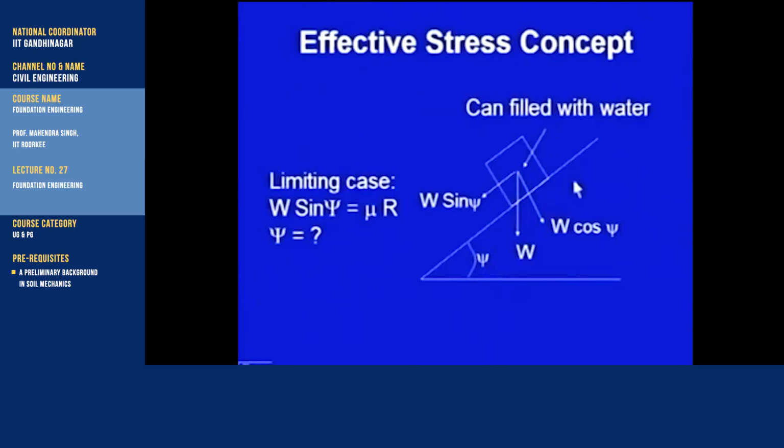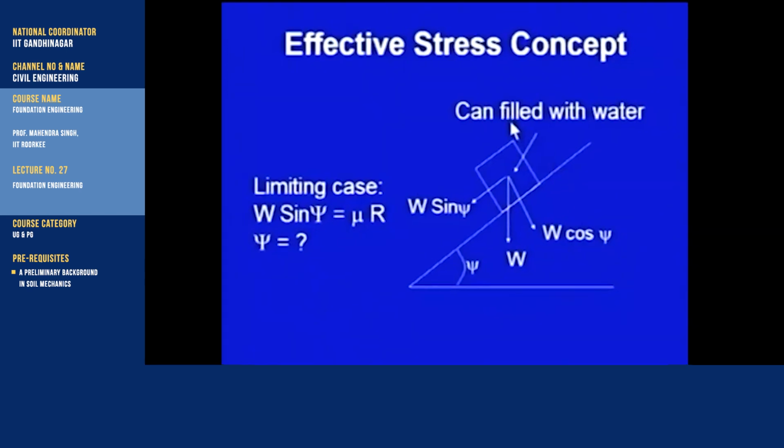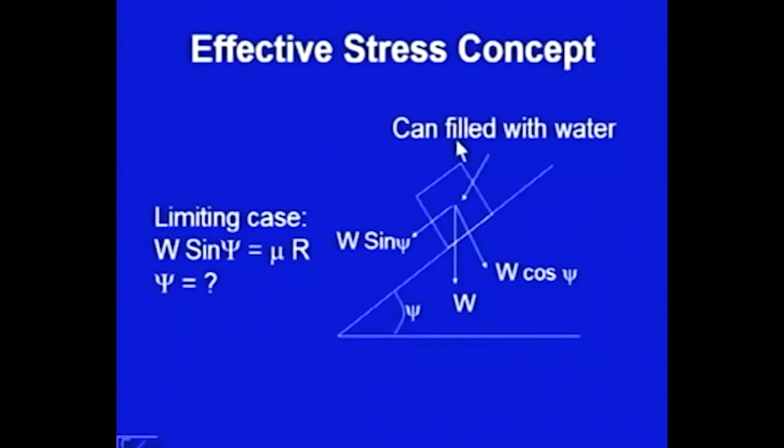Now, we are gradually increasing this psi value, means we are gradually tilting this inclined surface more and more. The question is, can you find the maximum value of psi, or in technical terms, the limiting value of the angle at which this body remains in equilibrium.